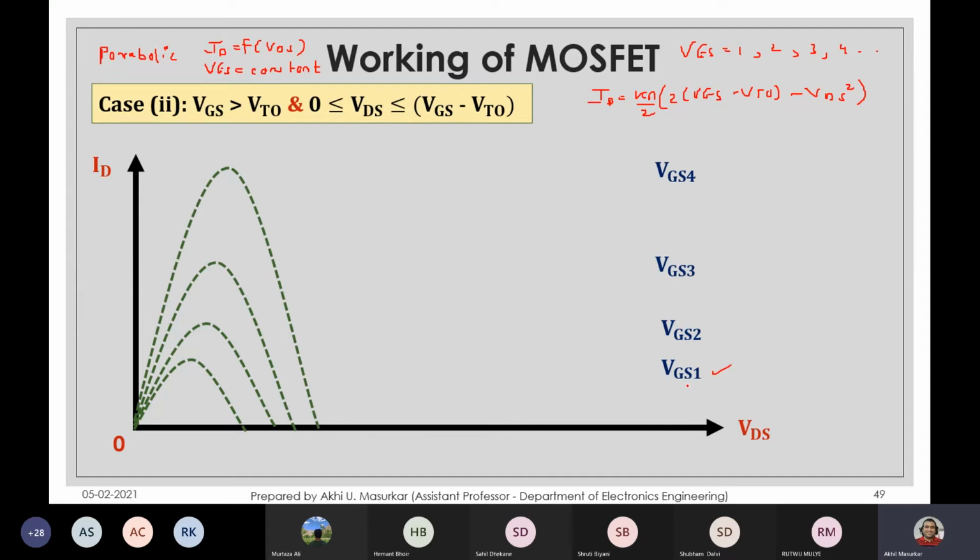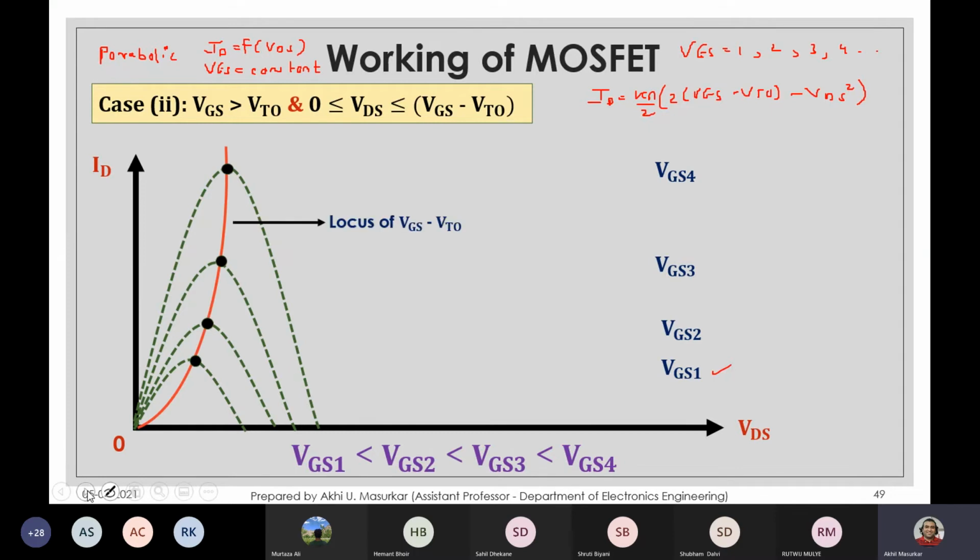But we have taken 4 values of VGS, where VGS1 is less than VGS2, less than VGS3, less than VGS4. The characteristic achieves a maximum point, and the locus of all these maximum points is called the VGS minus VTO locus.